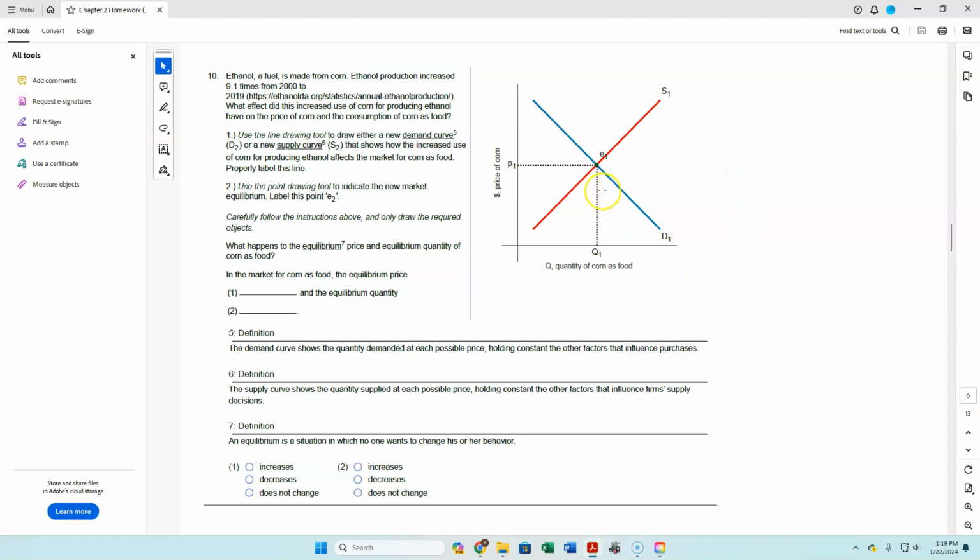The effect that that would have is it would reduce my supply for corn as a food, because now more of it is going to corn as a fuel, which would mean that my price is going to be going up and my quantity is going to be going down, as is kind of implied here.